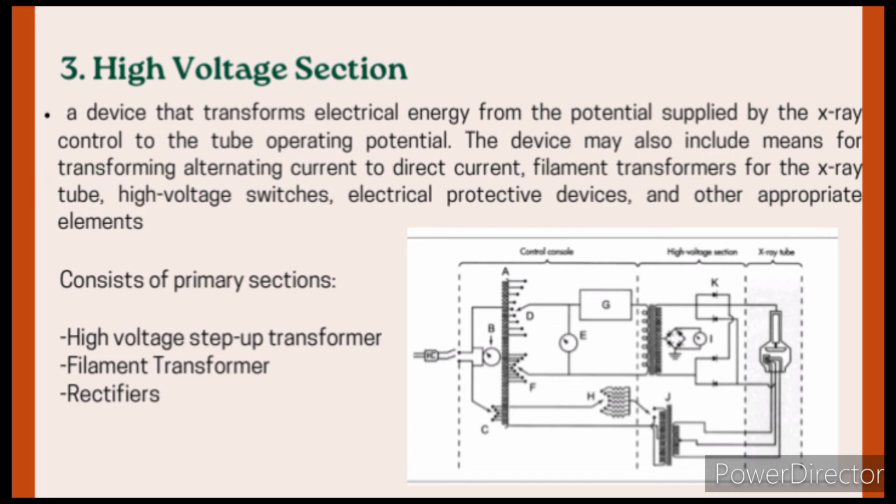It is responsible for increasing the output voltage from the autotransformer to the kVp necessary for X-ray production. On a high voltage generator, some heat is generated in the high voltage section. Also, it consists of three primary sections. First is the high voltage step-up transformer, second is the filament transformer, and last is rectifiers or diodes. All components are immersed in oil.